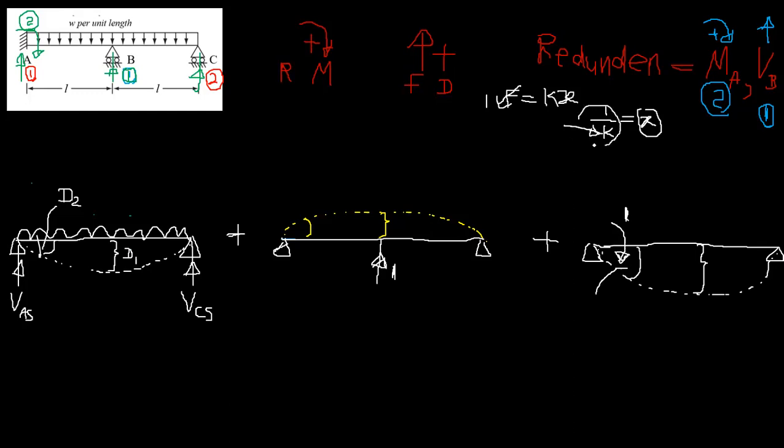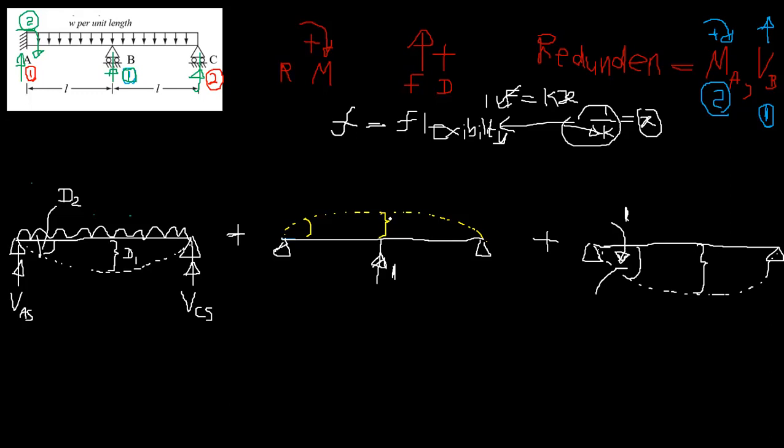So 1 over k means flexibility, right? So that's why we use the term F. So displacement per unit force is the flexibility coefficient. This displacement is a flexibility, how much it deflects per unit force, right?